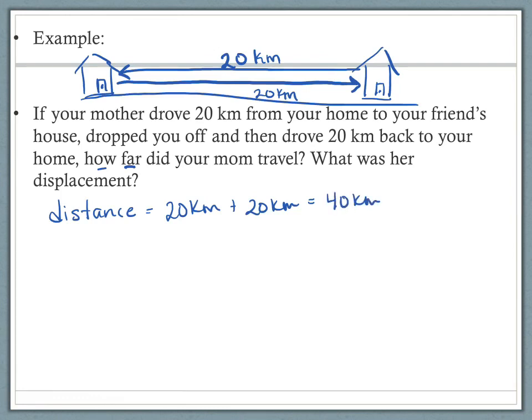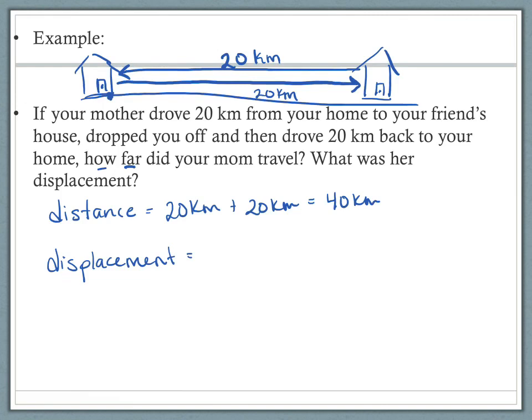But then it asks, what was her displacement? Well, again, displacement is how far you are from your starting point. So if your mom started at your house and ended at your house, what was the displacement? It's 0. Her displacement is 0. And that's just the sad fact.